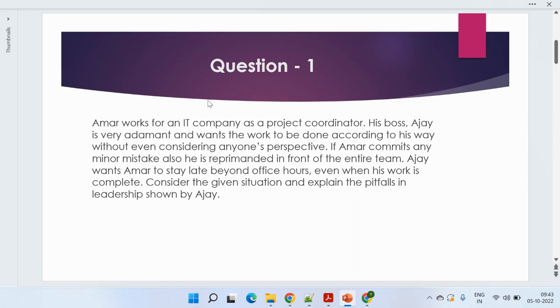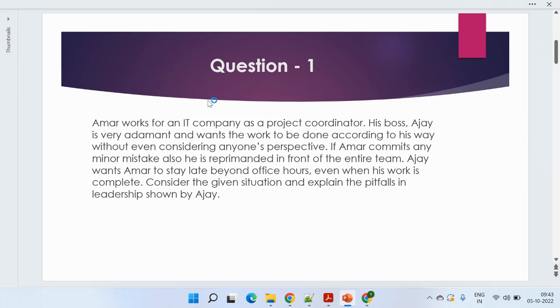So Ajay is the manager and Amar is a reporting employee for him. And if you see, he's very adamant and, you can say, has a Hitler-type approach where he wants his things to be done irrespective of any personal linkage or personal support to his employee. So a couple of things we can see from this: we need to explain about leadership, and we need to explain the pitfalls of leadership.